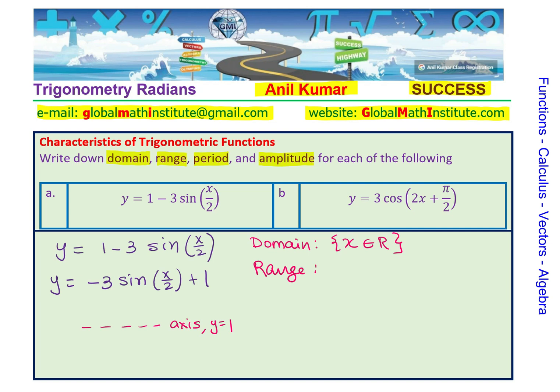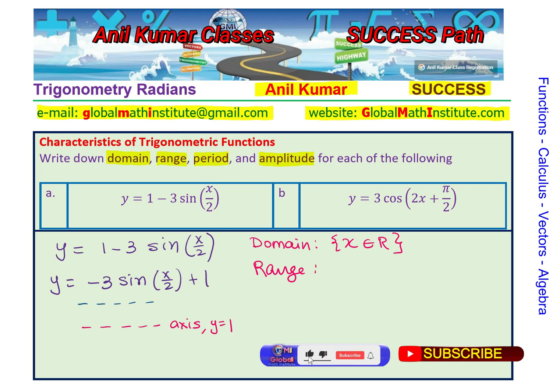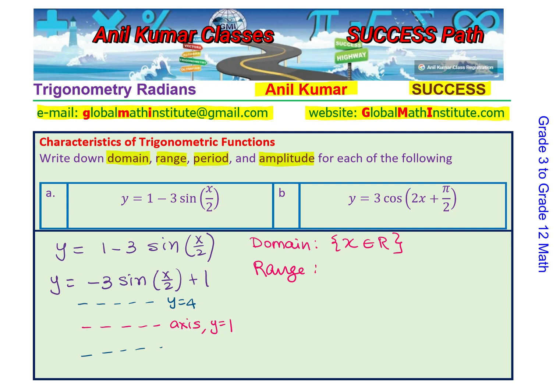Amplitude is 3, the coefficient of sine x by 2. Amplitude is always positive. So from the axis, the wave will go 3 up and 3 down. So if I add 3 to 1, I get y equals 4. And if I subtract 3 from 1, I get y equals minus 2. Get the idea? Therefore, the range for us is from minus 2 to 4.